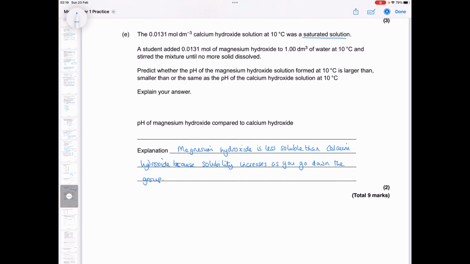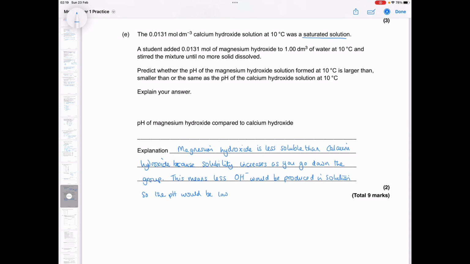So that means less hydroxide would be produced in solution. So the pH would be lower.